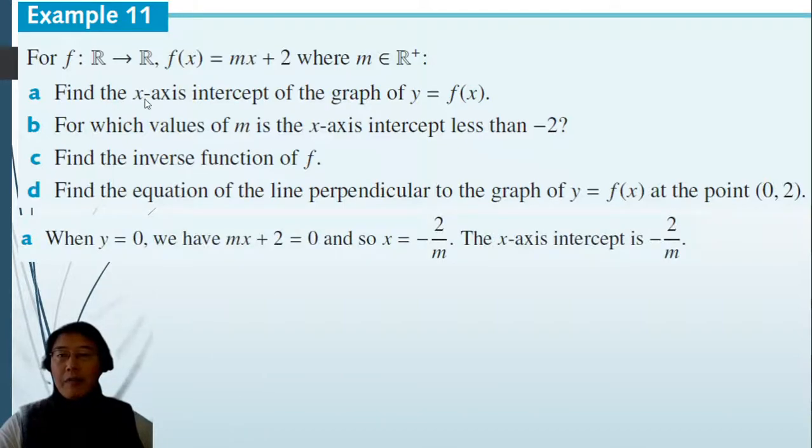With part A, find the x-axis intercept of the graph. So you make y equal 0, you solve for x, you can do that by hand or on your CAS calculator, and you get a formula for the x-intercept, and it will be dependent on the value of m.